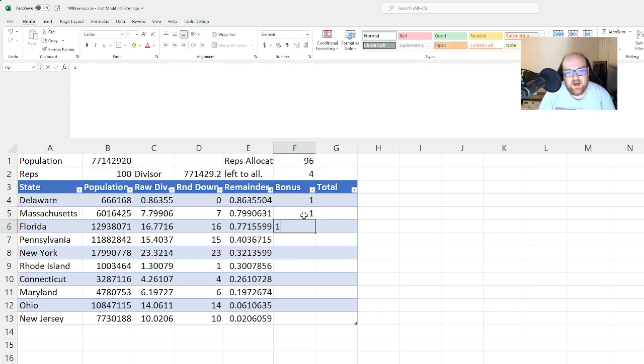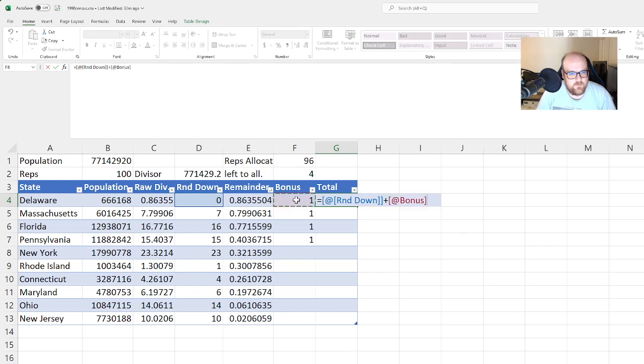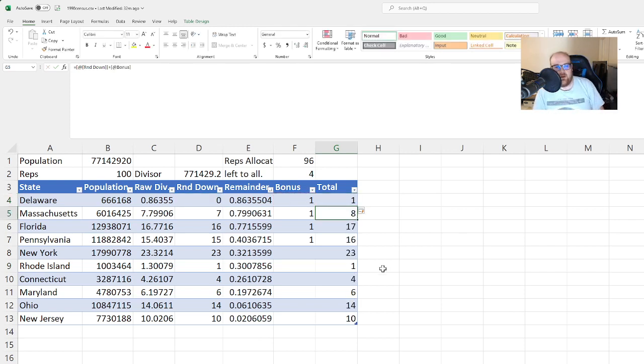I'm just going to give the top 4 states this bonus representative. Now their total is just however many they got plus the bonus, if they got one. You can see that the states closest to rounding up, including Pennsylvania, who was less than 0.5, get a bonus rep effectively. So they get 16. And every state ends up with at least 1 in this case.